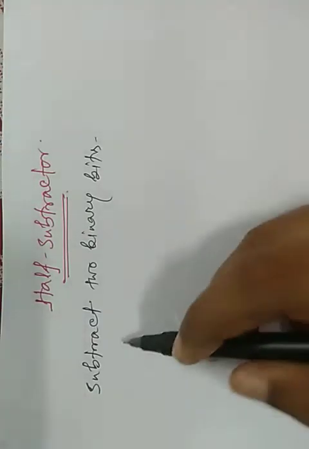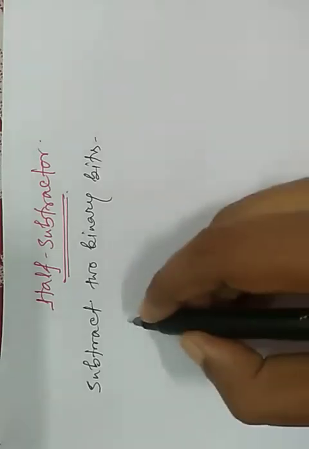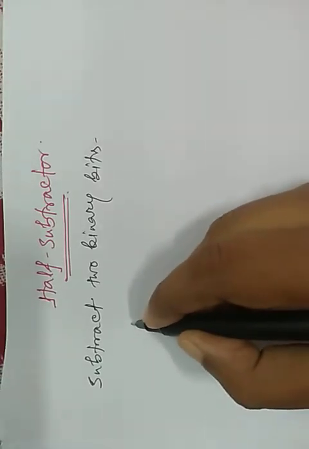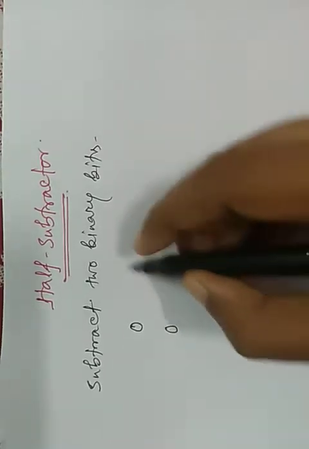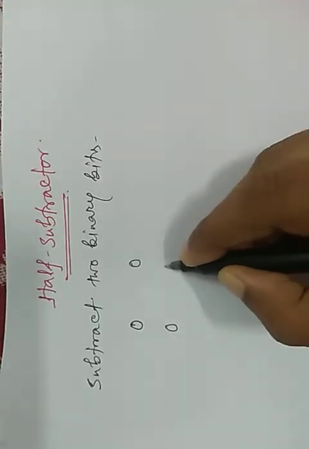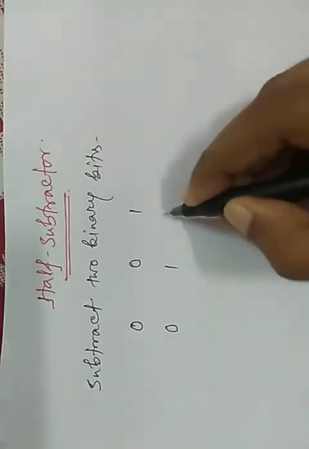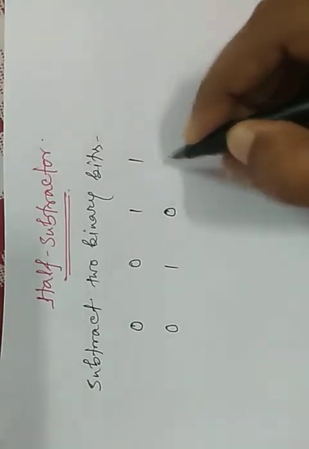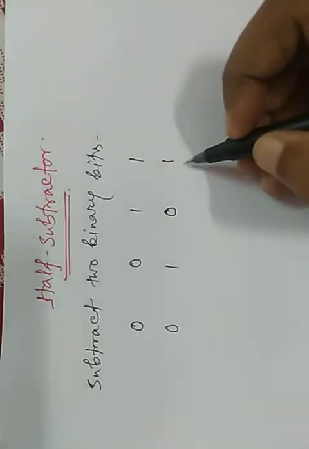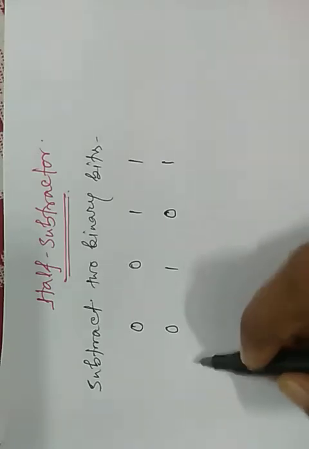So now let us see. The possible combinations of two binary bits are either 0 0, 0 1, 1 0, 1 1. These are the possible combinations of two binary bits.